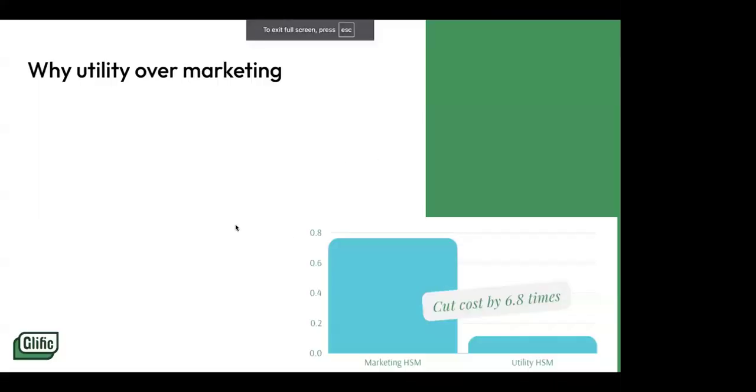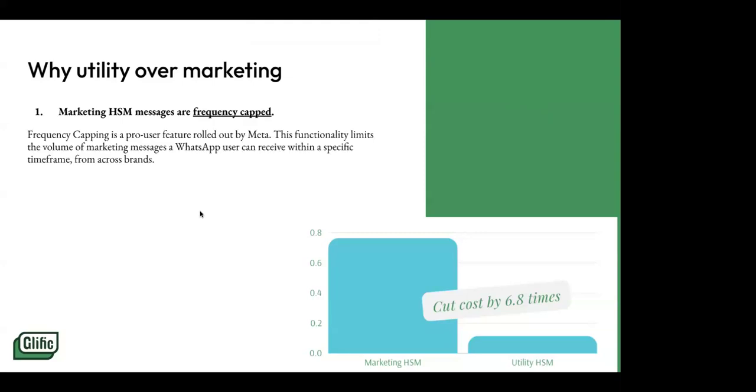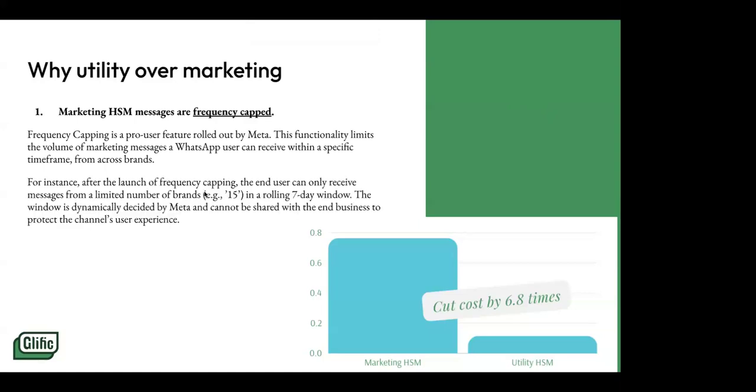No worries. Our main reason for doing this, and many of you have also joined for this, is why utility over marketing and why we are pushing everyone to do it now. Earlier we didn't have any such webinars or need to do this so mindfully, because Meta has introduced something called frequency capping for marketing HSM messages.